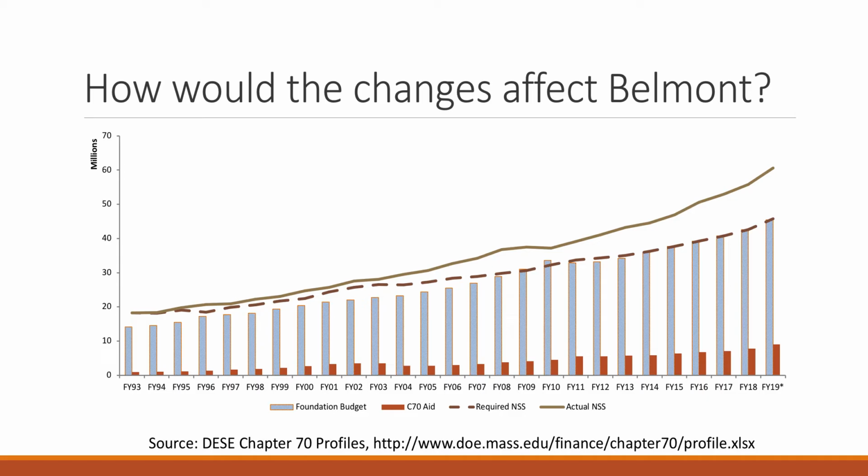The numbers are relatively clear for the other categories, healthcare and special education, and to a lesser extent for English language learners, of which there are many in Belmont. But it's safe to say that Belmont's foundation budget will go up by about 20 to 25%, which is about the right amount of growth to bring the blue bars up to the solid bar there. So that's what we hope will happen over a period of years that is not yet defined.